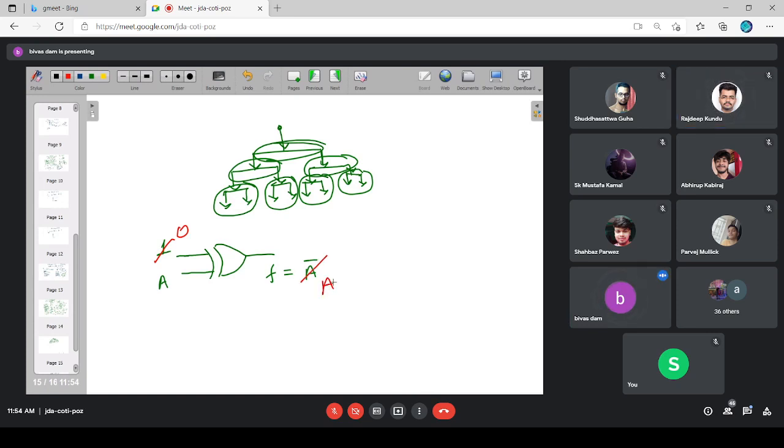So say I have one 2 input XOR, there I have one control input, and the other variable here is A. If the control input is 0, how is this XOR gate behaving?